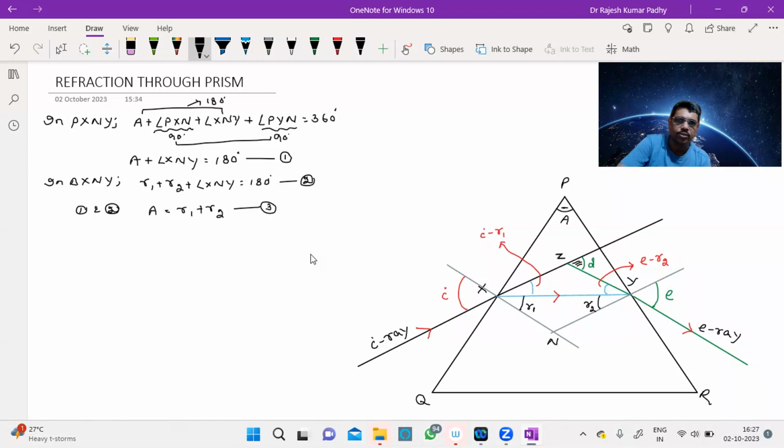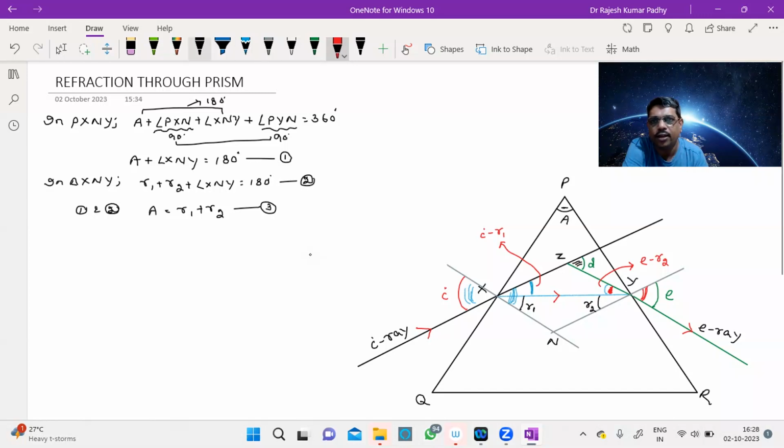This is one of the required relations. Similarly, check this: this portion is I, and obviously this portion will also be I, vertically opposite. But out of that, this is R1, hence this portion will be I minus R1. Similarly, this is E, hence this portion will be E minus R2.